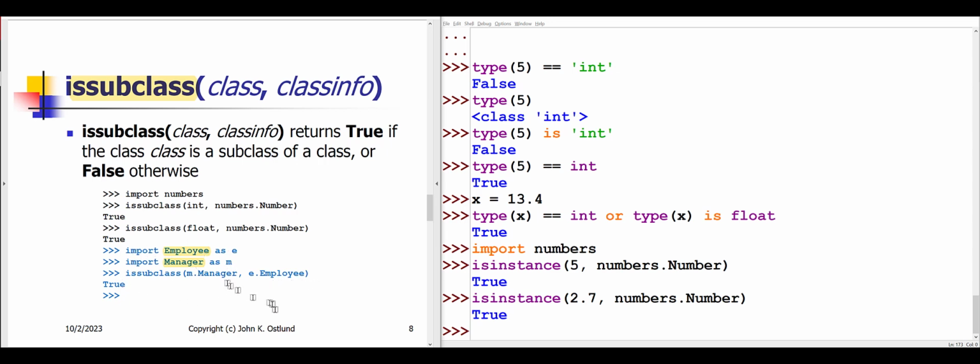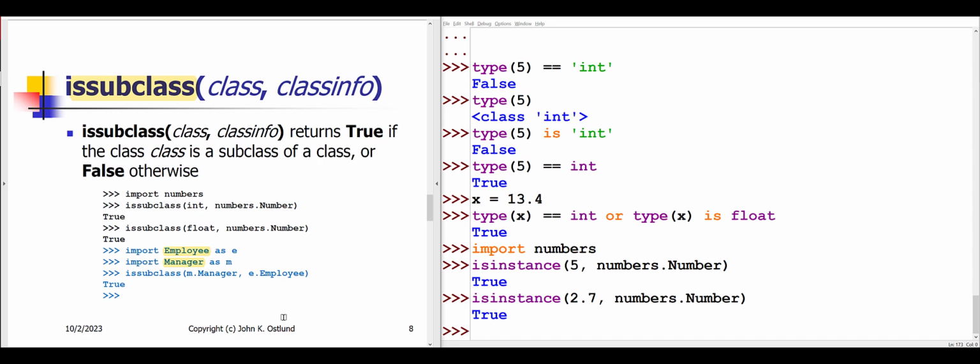I'm not going to do an actual example of this, but you may recall that way back when we defined an employee class, and from that we used manager as a subclass of employee. Sorry, C++ terminology keeps leaping into my head.